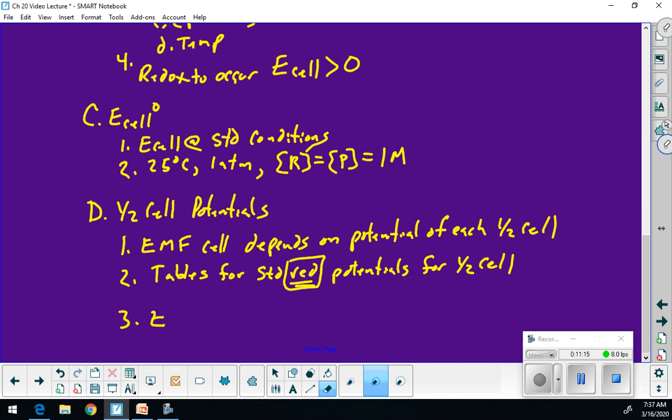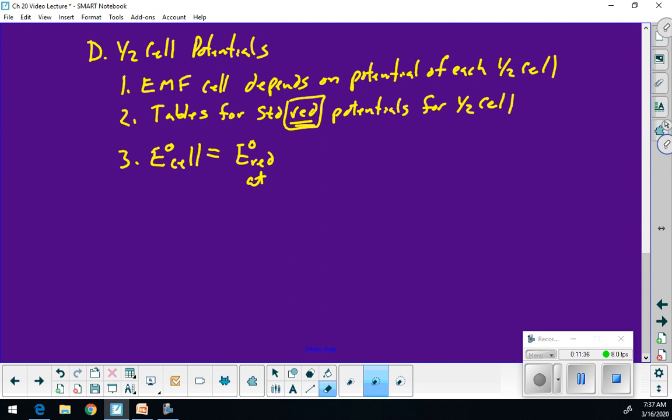So if we want to know the standard cell potential, we are going to take the half cell potential, the standard reduction potential at the cathode, the reaction happening at the cathode.